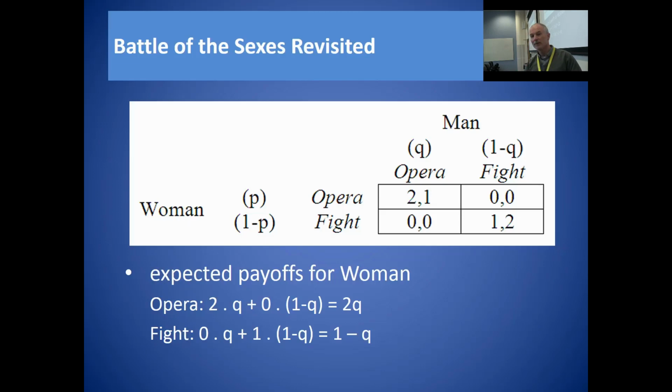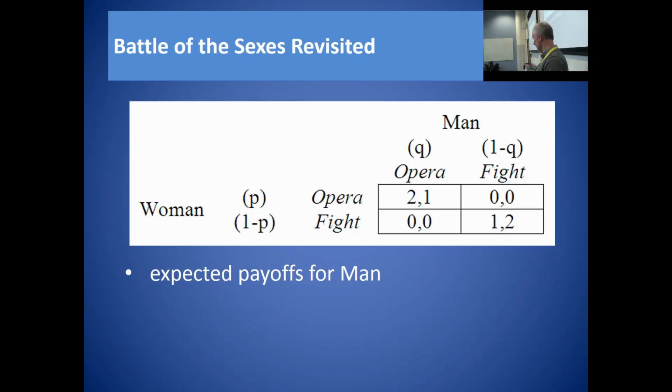Now we just repeat it in exactly the same way for the man. And look at his expected payoffs. So remember, with the man, we're talking about the second number in this normal form representation. So it's these second figures here. Those are the payoffs to the man as the column player. So if the man goes to the opera, he either gets a payoff of 1 or he gets a payoff of 0. So what's his expected payoff?